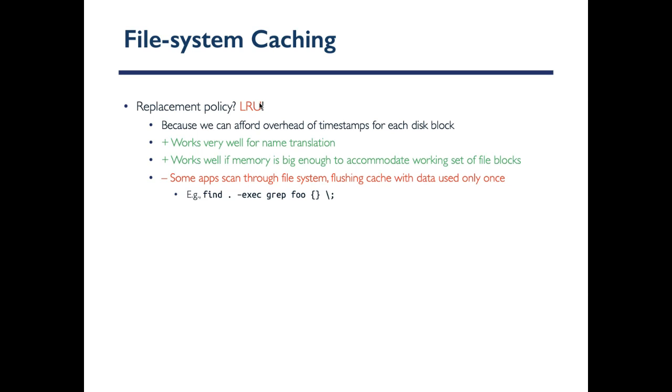Here, because everything is in software, we can afford adding a bunch of bits and tracking which data structures have been used the least. So here we can actually have LRU. It works well, so it's something that we can use.